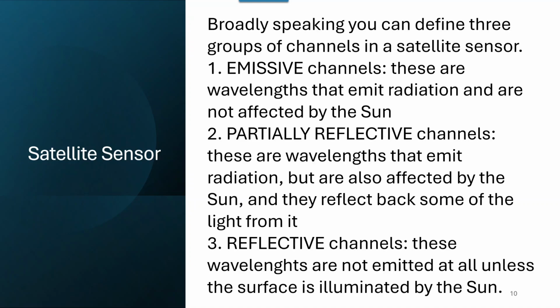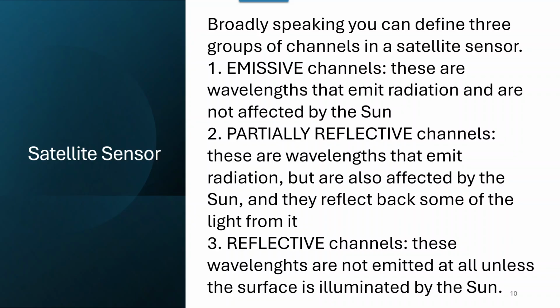Broadly speaking, you can define 3 groups of channels in a satellite sensor. Number 1, emissive channels. These are wavelengths that emit radiation and are not affected by the sun. Number 2, partially reflective channels.